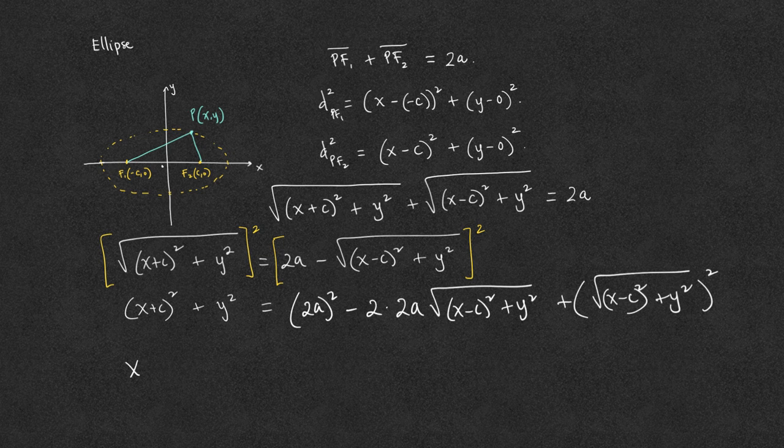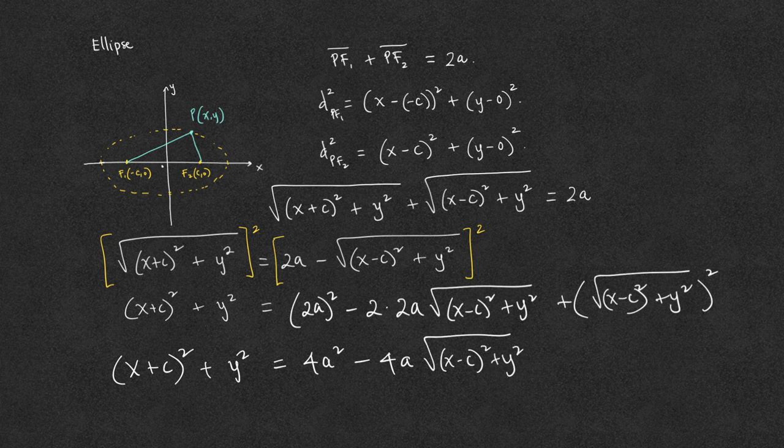So we have x plus c squared plus y squared equals 4a squared minus 4a times the square root of x minus c squared plus y squared, plus x minus c squared plus y squared.